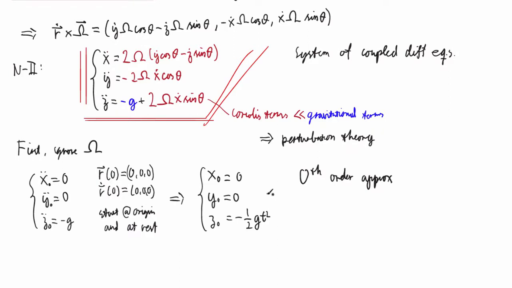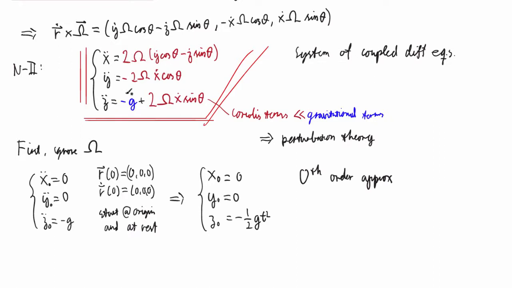So it's a reasonably good approximation of what's happening. Essentially, the particle will fall straight down and accelerate with g as the acceleration. We already knew that was going to happen. But then we have a small effect due to the Coriolis effect. And to see what that might do, I'm going to take this 0th order solution.